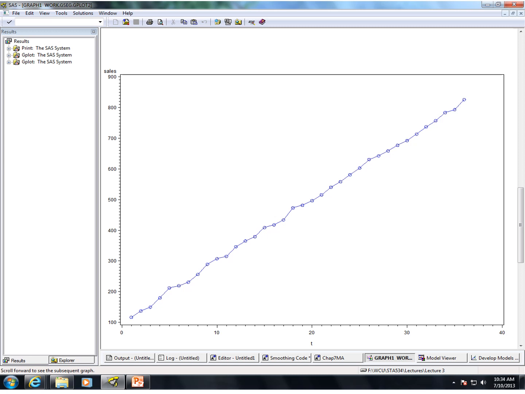So 100 plus 800 goes up to about 900. So this line starts at 100 and goes up to about 900. That's a slope of about 20. My error is relatively low, so it's a pretty nice looking line. Not perfect, because I do have some error, but pretty close to perfect.